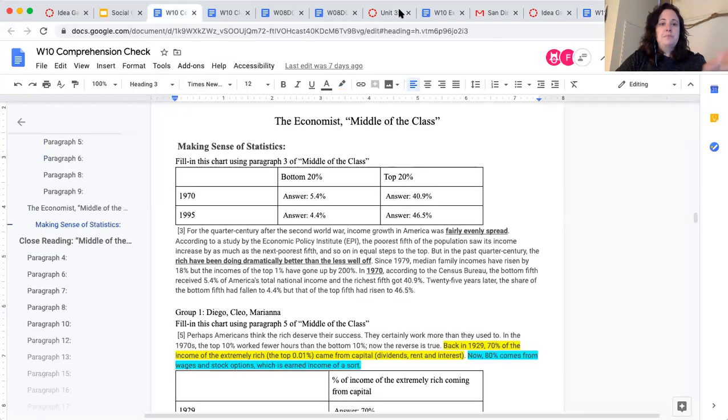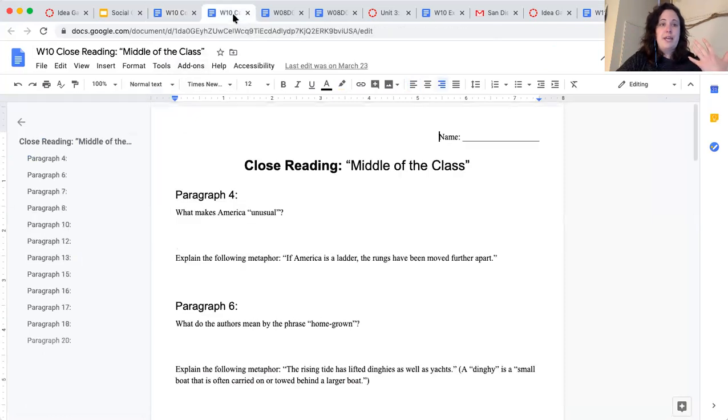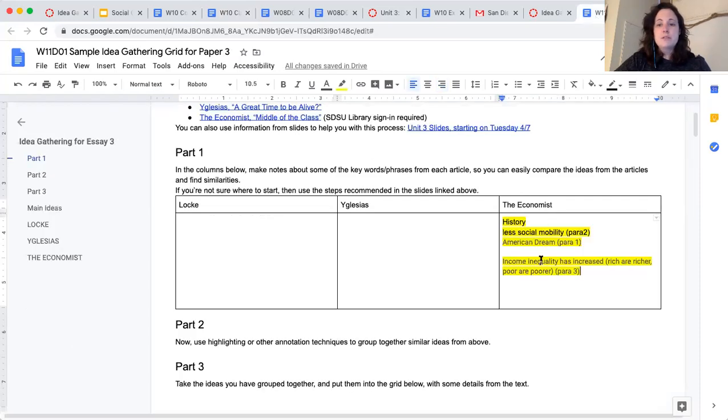And then the other thing that we can do is refer to the close reading exercise. So we've got these questions that ask about different paragraphs, and we can think about, okay, what are they getting at? What are the keywords that we can put in our columns, so that we have some of these ideas?